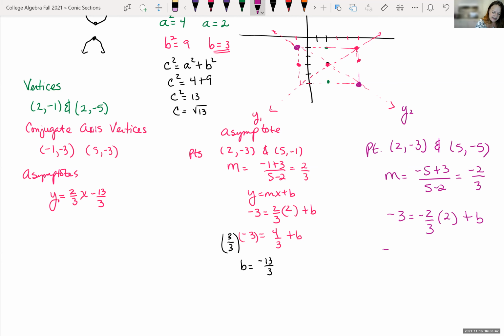So we have -3 equals -4/3 plus b. If I get a common denominator, -9/3 plus 4/3, -9 plus 4 is -5/3. So b is -5/3. So the other asymptote is y sub 2 equals our slope of -2/3 x minus 5/3.